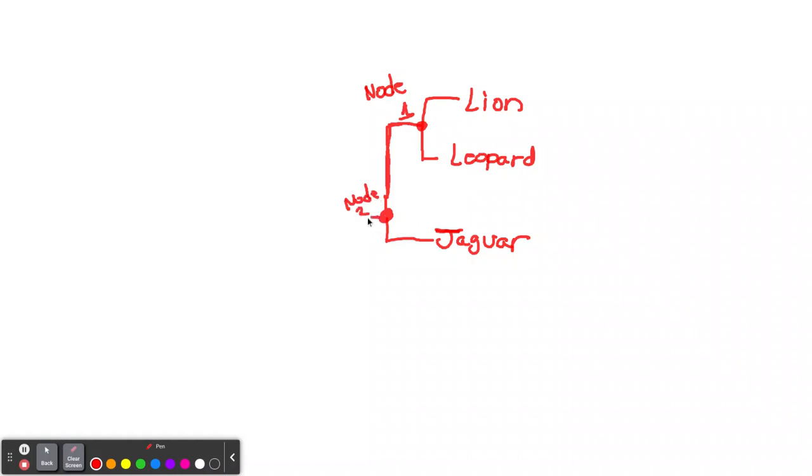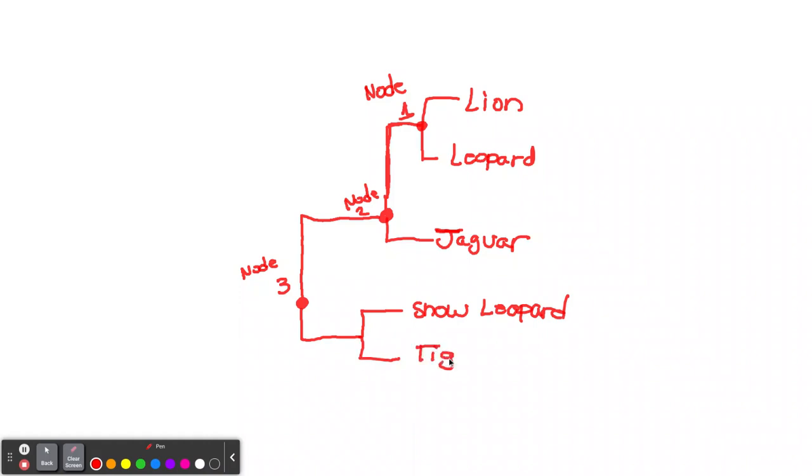And we can break this up again and make another node, node 3. At node 3, we can get, let's say, the snow leopard and the tiger. Can't leave out the tiger.